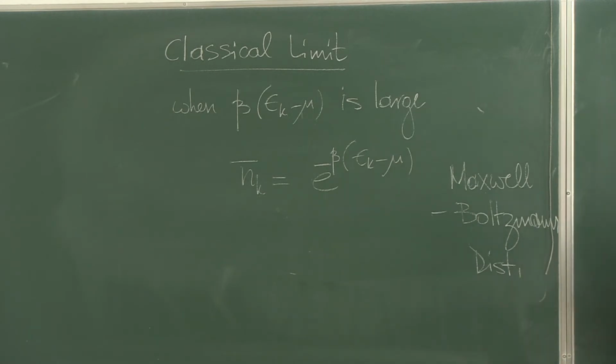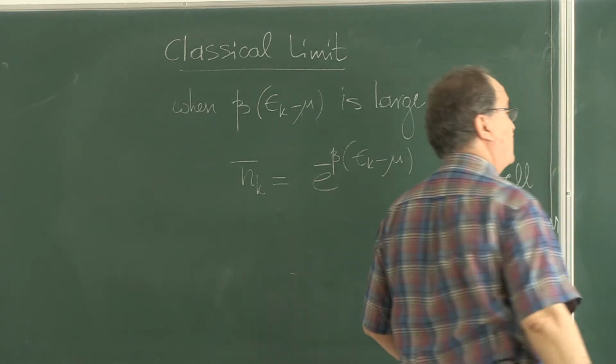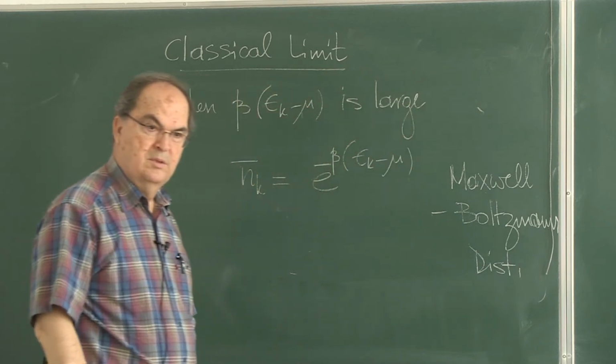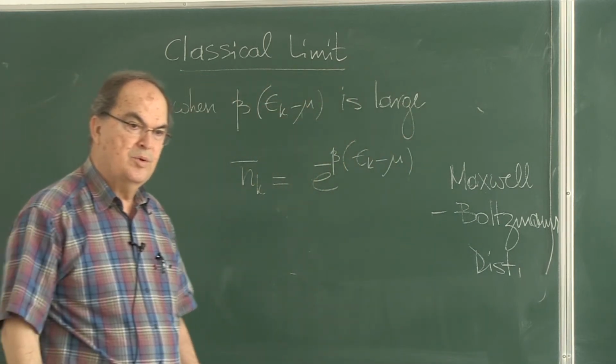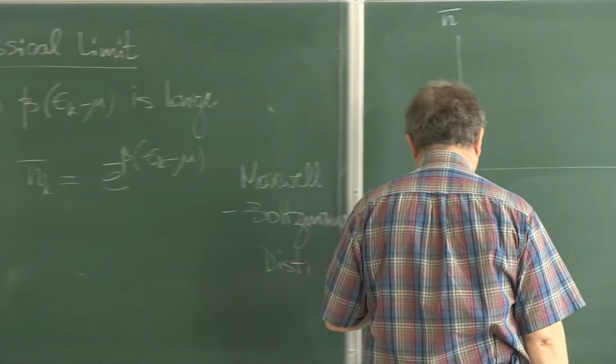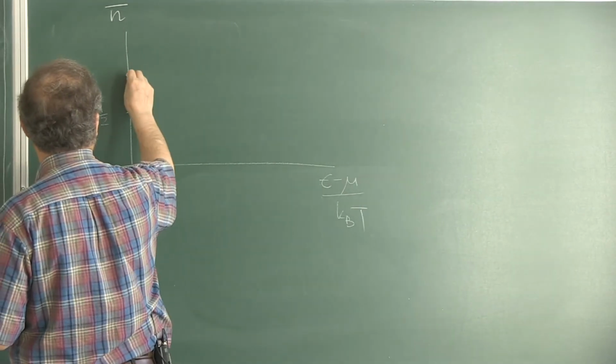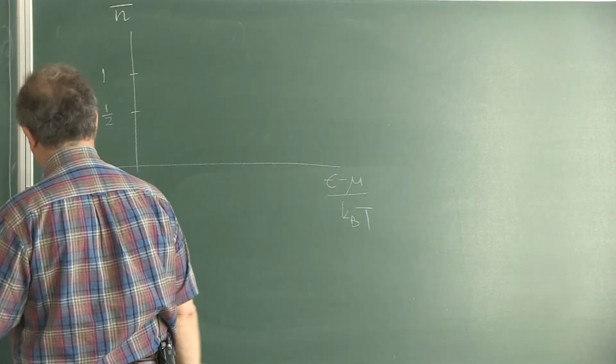Here is beta (E minus mu), or (E minus mu) over kBT, the exponent. Here is the average occupation number, average number of particles per state. Here is 1/2. Here is 1.